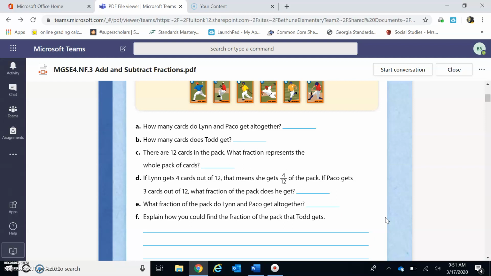I know that for a whole pack of cards, the fraction will be 12/12. So if I subtract 12/12 minus 7/12, that would equal 5/12, which lets me know that Todd gets 5/12 of the baseball cards.